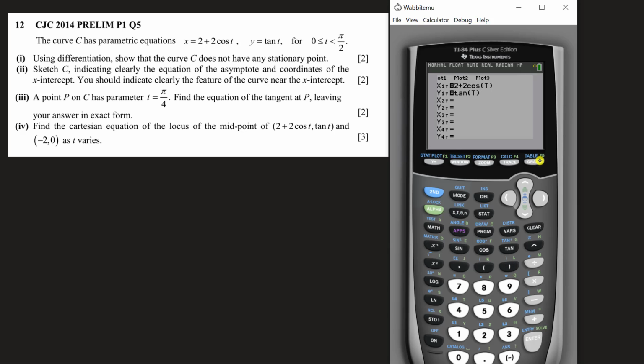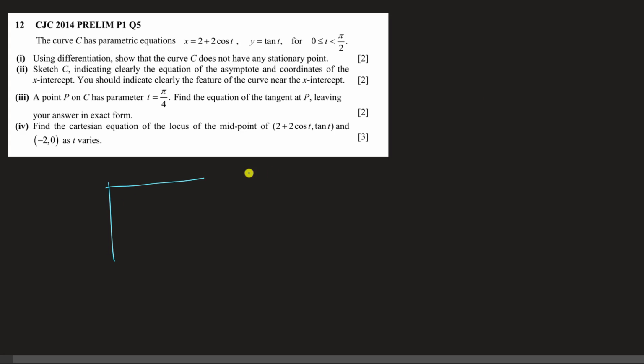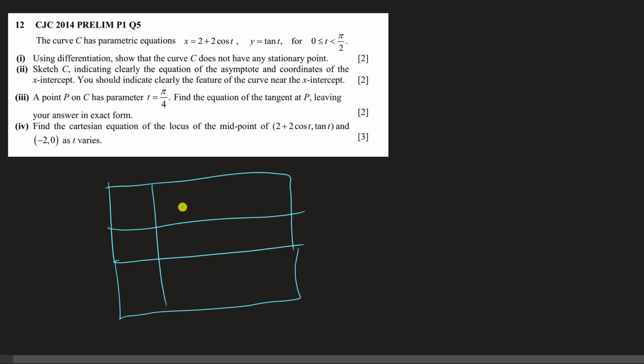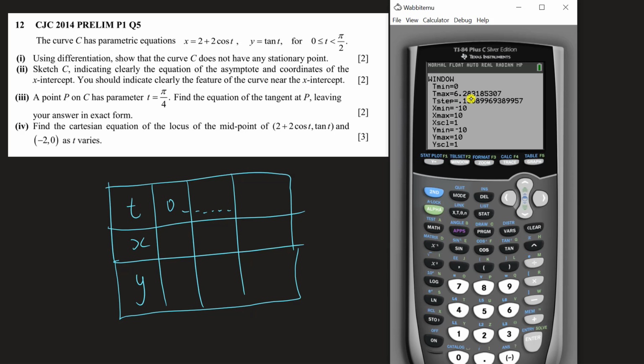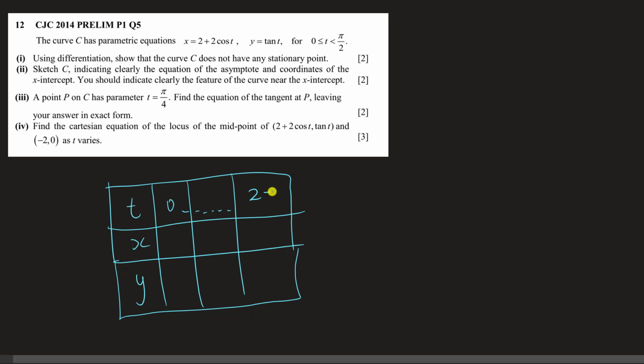Okay, once we click graph, you should see sort of a mess because we need to go into window. Notice the t values. Remember just now that middleman analogy? What the calculator does is generate values from 0 all the way to 6.28, which is actually 2 pi.